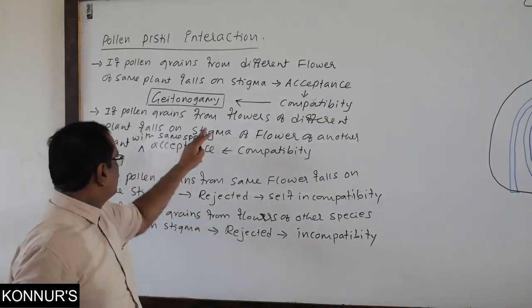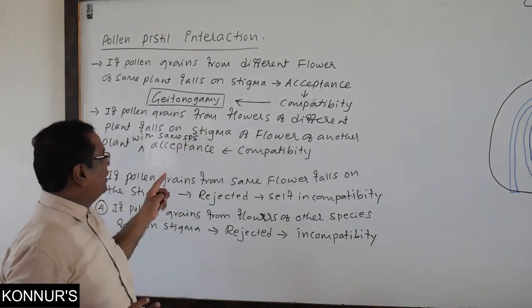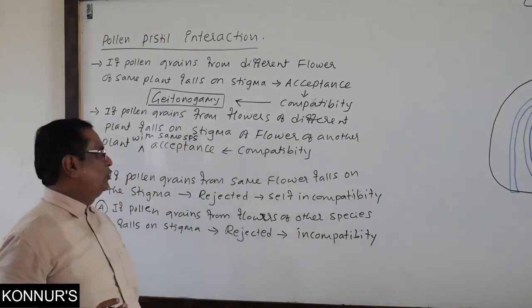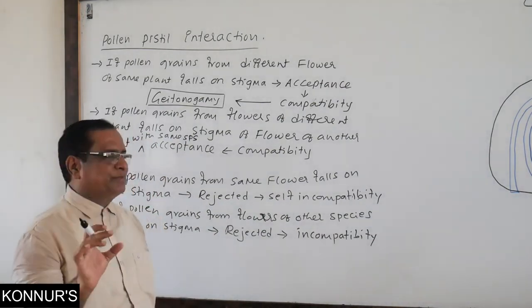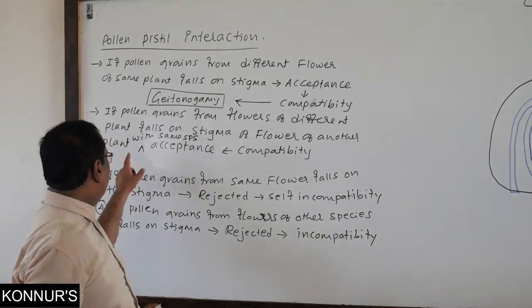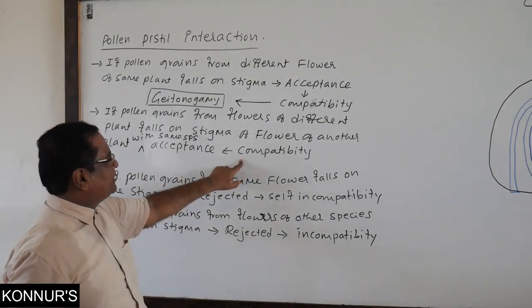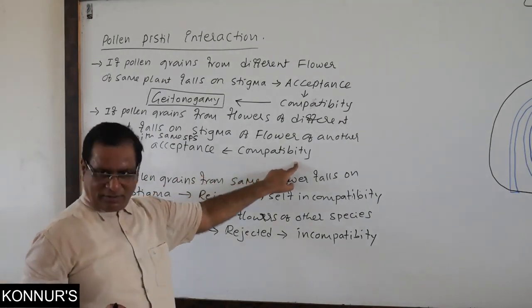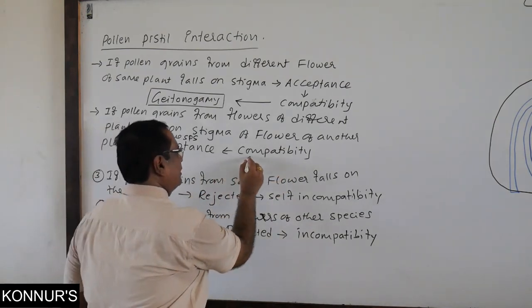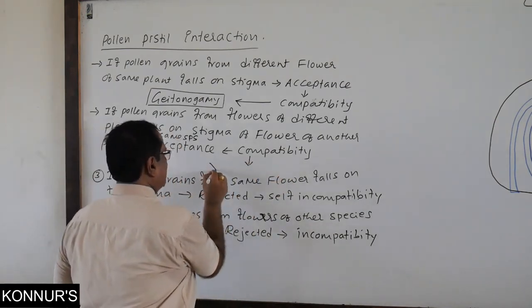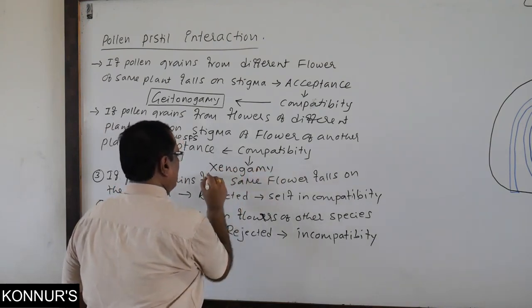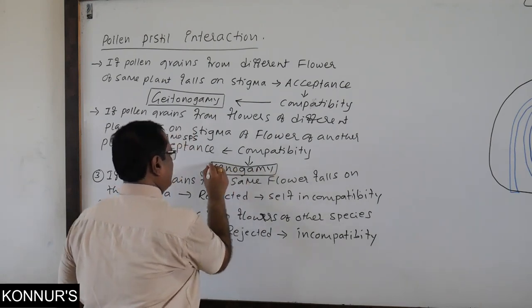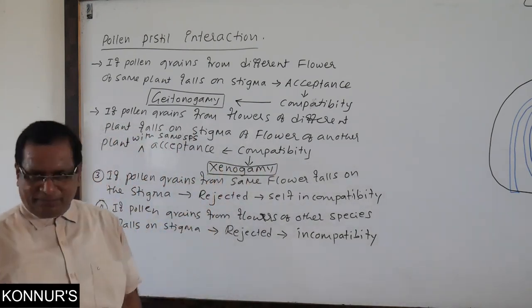Two different plants are there. Under this condition also, pollen grains are accepted. That is compatibility. And here we could notice genogamy. A type of cross pollination is genogamy.